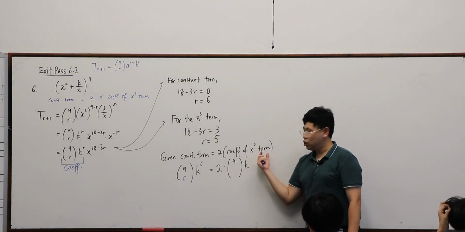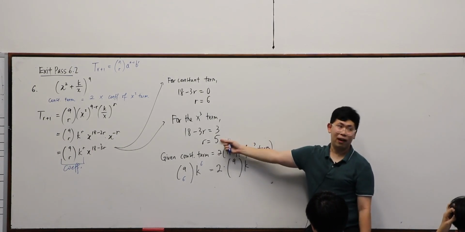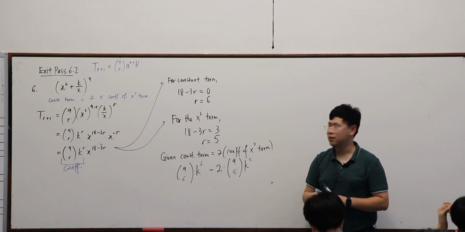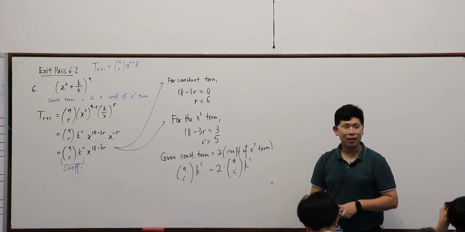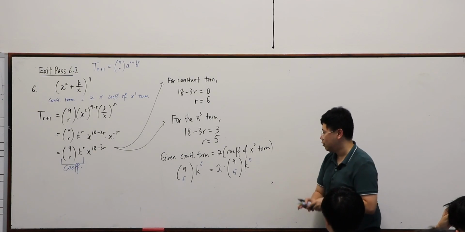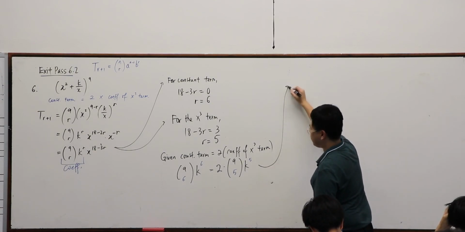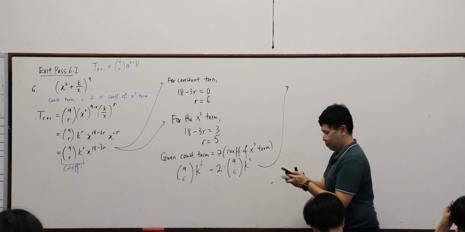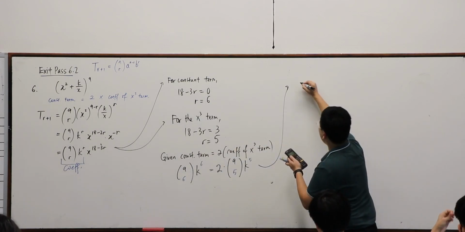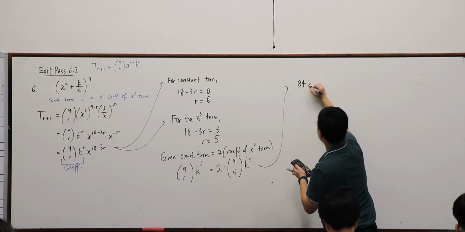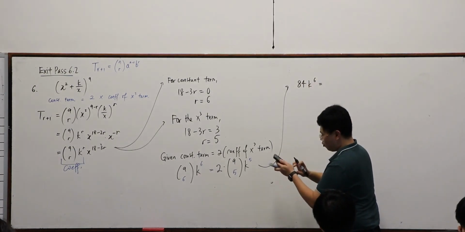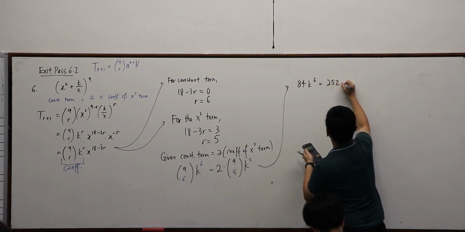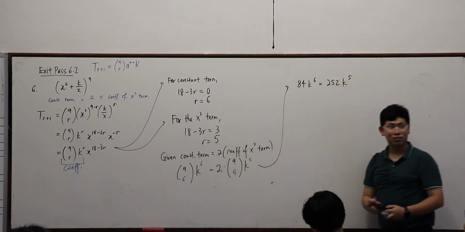For the x cubed term, r is equal to 5, so I put 5 over here. It's just comparing coefficients. Take the coefficients, make them equal, then solve and see what magic we have. So 9 choose 6 is 84. So 84 k to the power of 6 is equal to 2 times 9 choose 5, which is 252 k to the power of 5.